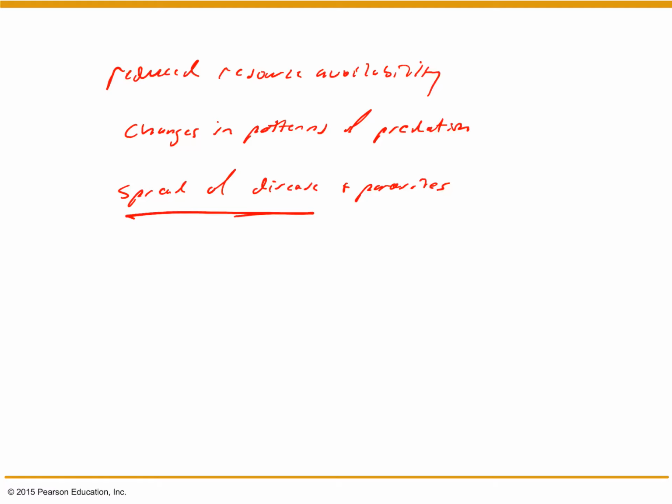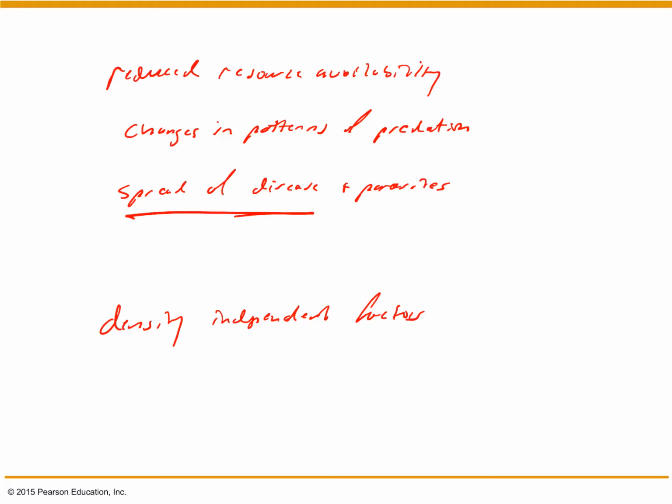All right. Not all factors that regulate population growth, however, are density dependent. There are factors that affect population growth to the same degree no matter what the population size is, and those are referred to as density independent factors. So let's write that down. Density independent factors.